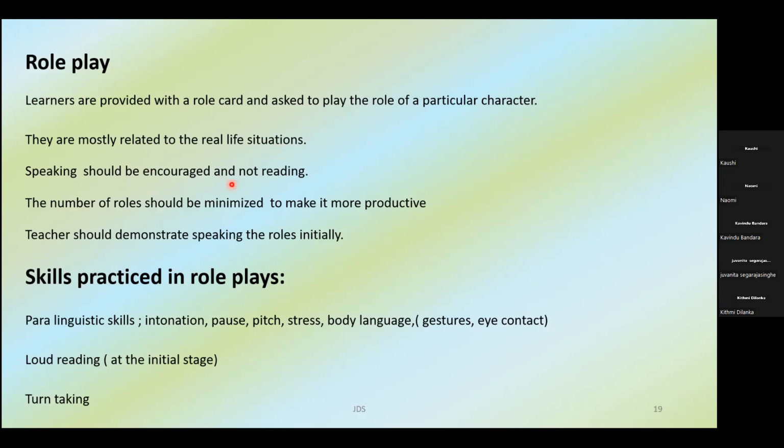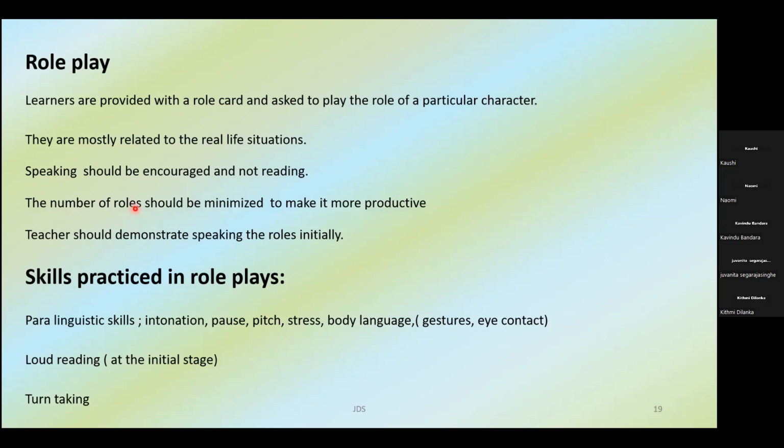Speaking should be encouraged. With beginners, mostly role play ends up as a reading activity, right? So even though they read, at least certain parts of the utterances should be made to just utter it without reading it aloud. The number of roles should be minimized, very important.